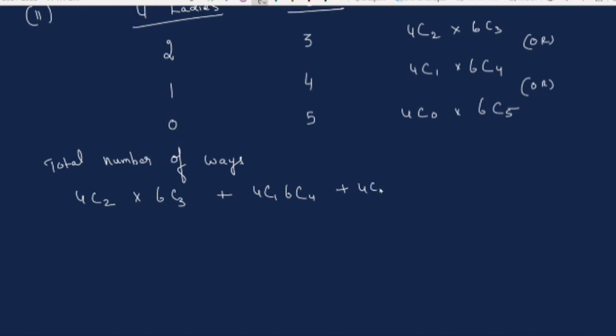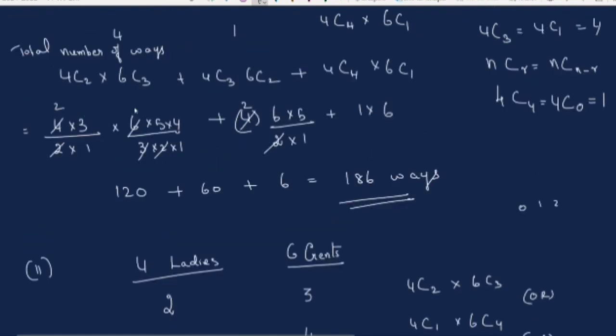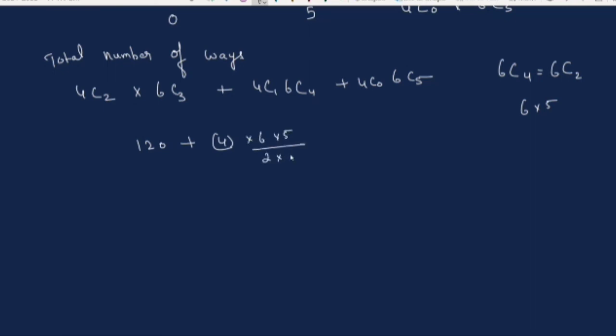Now 4C2 into 6C3 we already found. 4C2 into 6C3 is 120. We will write that as it is. Plus 4C1 is 4. 6C4, use the property, it is also equal to 6C(6 minus 4), which is 6C2. 6C2 is 6 into 5 by 2 into 1. 4C0 is 1. 6C5 is also equal to 6C(6 minus 5), 6C1, which is 6.